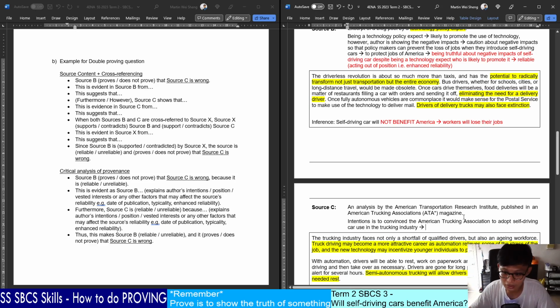So now there are 2 different groups over here. First is the Transportation Research Institute, then the second one is the Trucking Association. So basically this source is about 2 groups talking to each other. The Research Institute is talking to the Trucking Association, and the Research Institute wants to convince the trucking association to adopt self-driving cars.